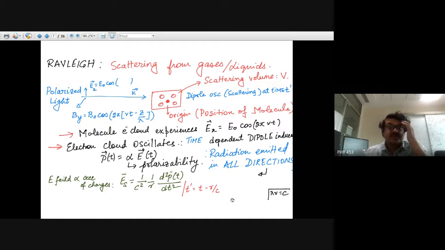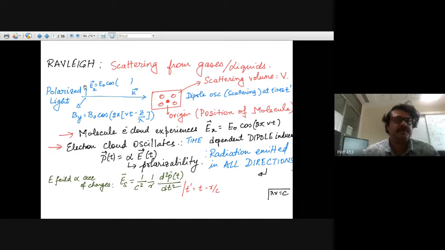Okay, so let's start with visible light scattering, which is also called Rayleigh scattering. How does scattering happen from gases and liquids? Just assume that there's a polarized light electric field. Suppose this is the so-called X direction.